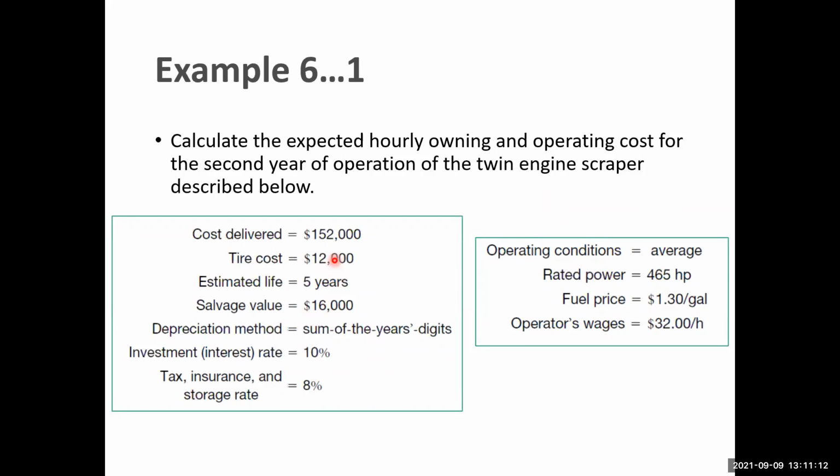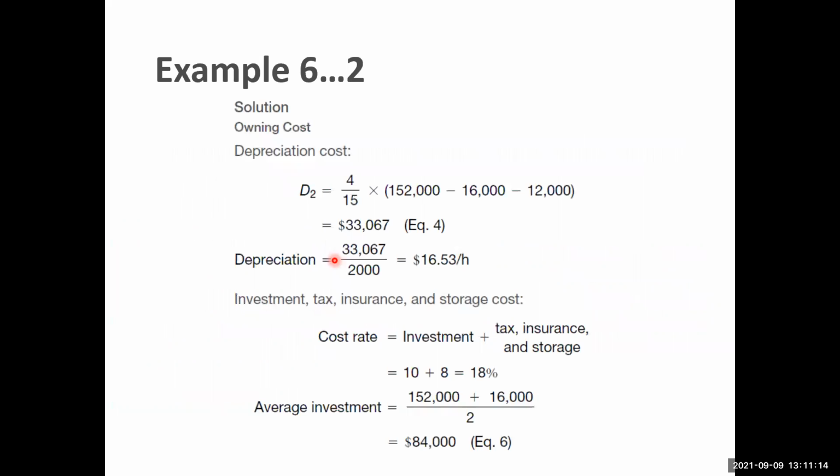For the depreciation, we do not depreciate the tires and the salvage value because these costs are treated separately. Then for the second year, we use the value 4, because for a 5 year life the sequence is 5, 4, 3, 2, 1, so 4 comes in the second place. We take 4 over the sum of the years digits, which is 15. If you calculate it, this comes out to be $33,067.